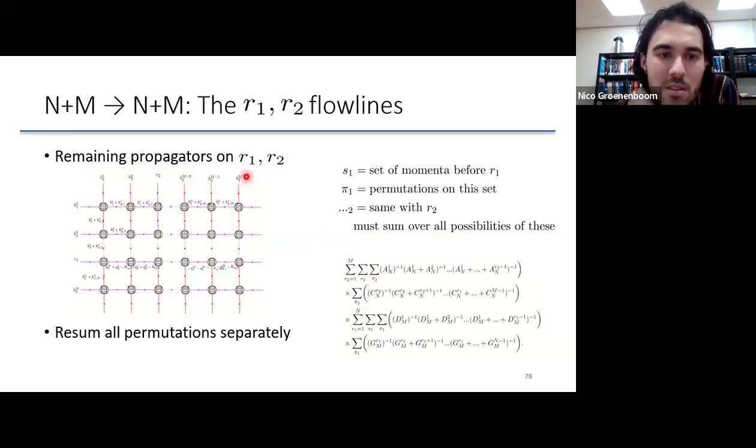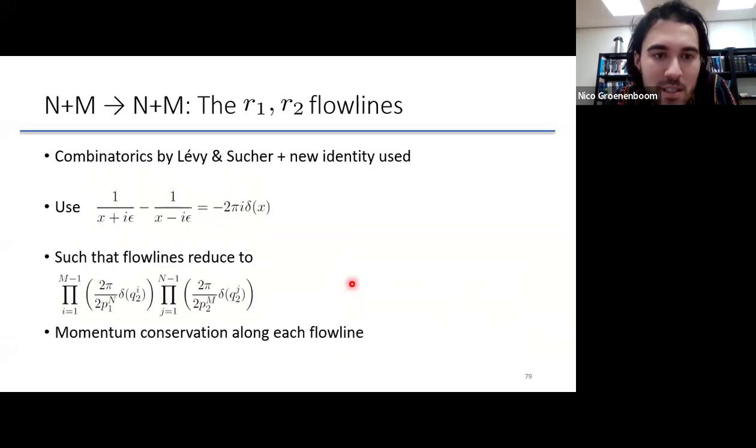We have to sum over all of the different ways that the original momenta can be distributed along the B's, and we have to sum over all of the possible values of R. So there are a lot of combinatorics that must be resummed. A part of the combinatorics that had to be resummed has been done by Levy and Sucher. And a part was new, so we had to find some new identity.